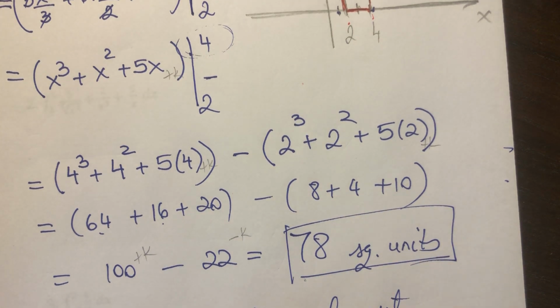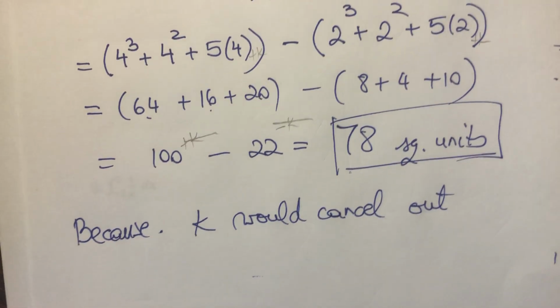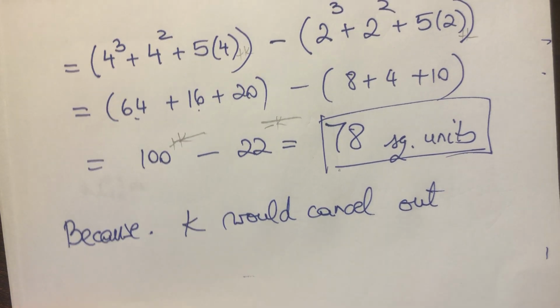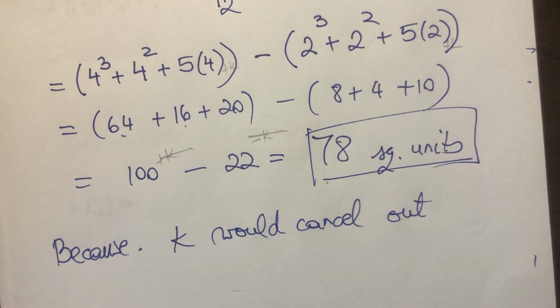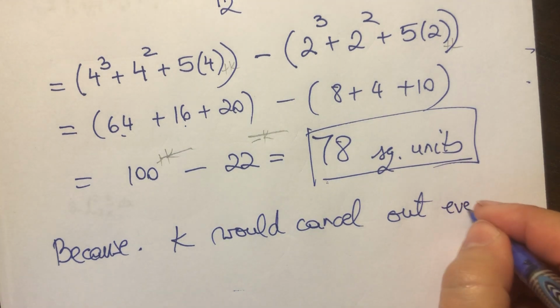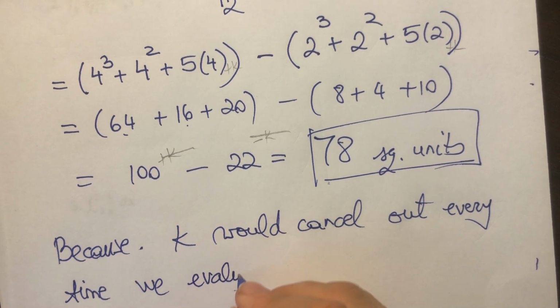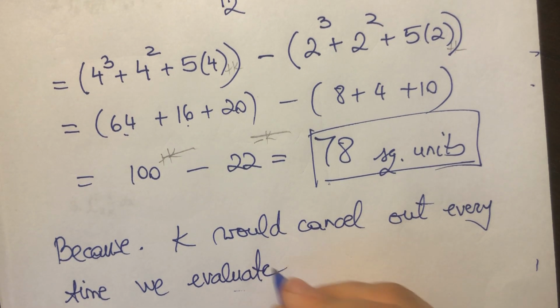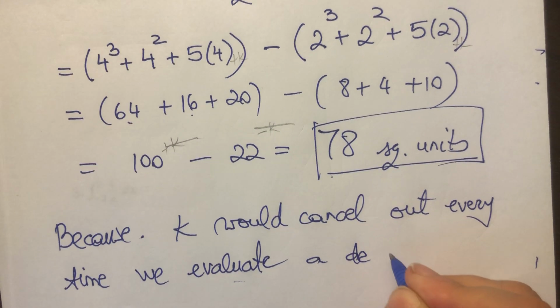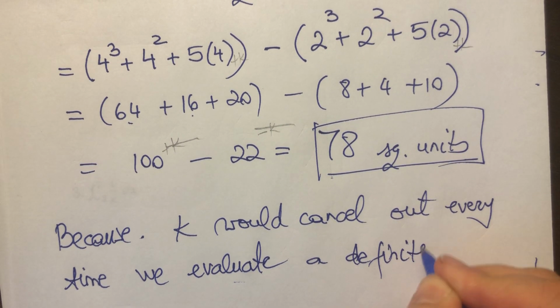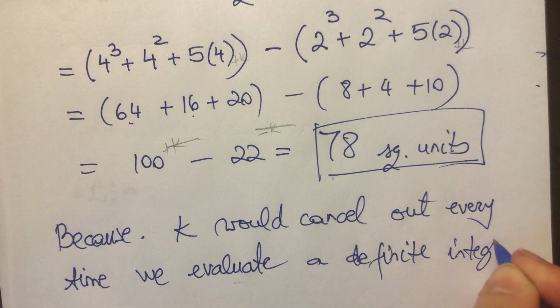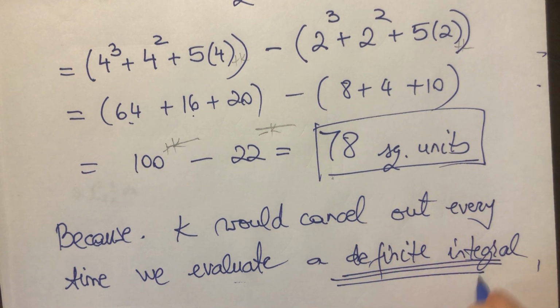Once I distribute in the minus, and they would cancel out every single time. So because k would cancel out every time we evaluate a definite integral, okay?